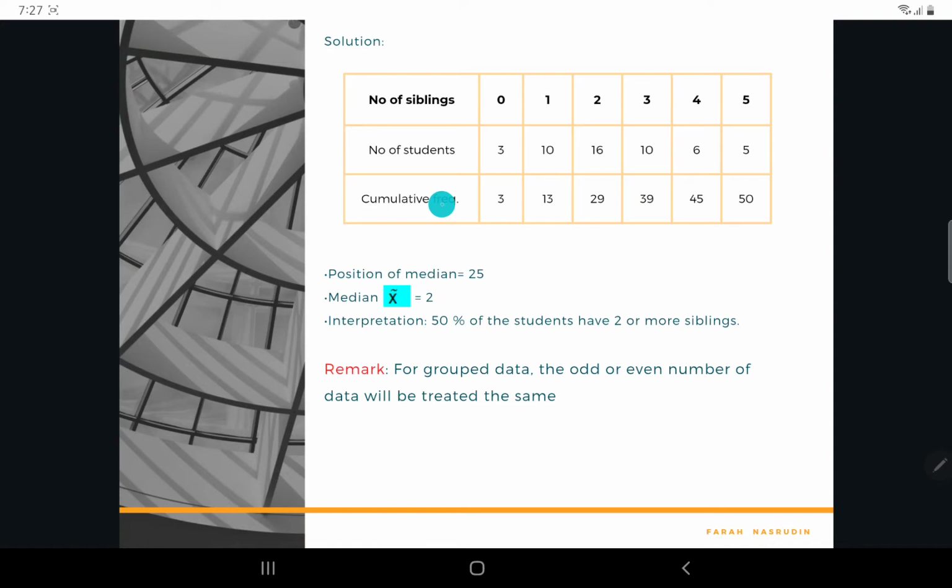How to find it? 3, bring it down here, 3. Then 3 plus 10 is 13. 13 plus 16 is 29. 29 plus 10 is 39. 39 plus 6 is 45, and 45 plus 5 is 50.